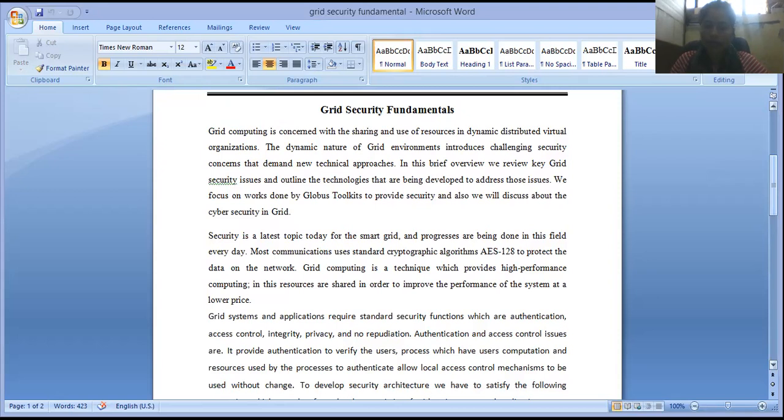Most communication uses a standard cryptographic algorithm, AES 128, to protect your data on the networks, isn't it? Whenever you use grid computing or cloud computing technology, it means you are using your data or the interaction of individuals directly with grid services, web data.